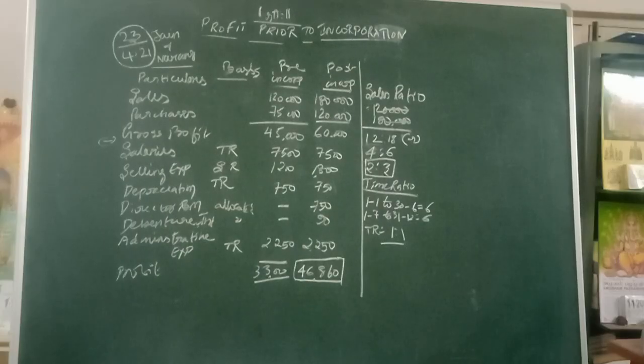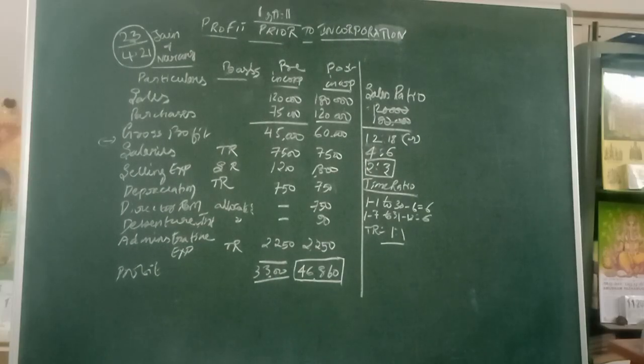Okay, the total profit is apportioned into the pre incorporation period, which comes to 3,300, and the post incorporation period, which is 46,860. See, the main point here is, in the question we are asked to show only the post incorporation period.